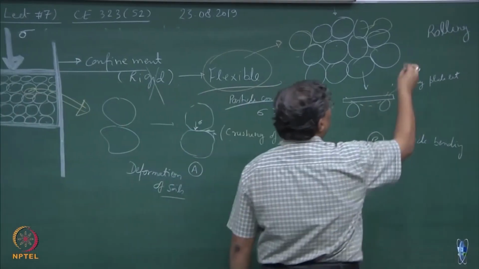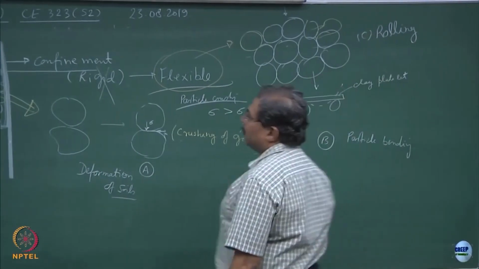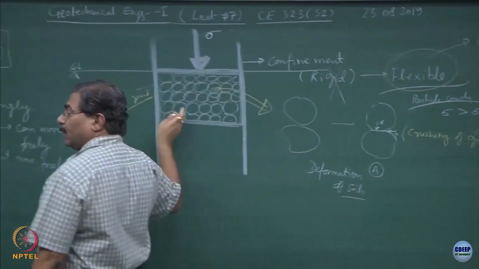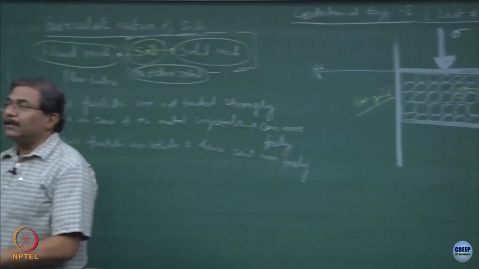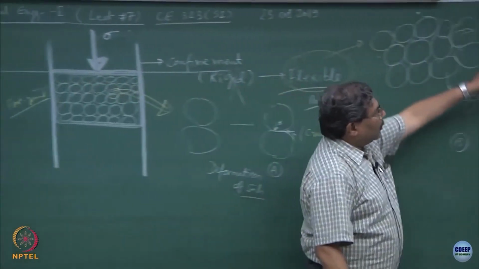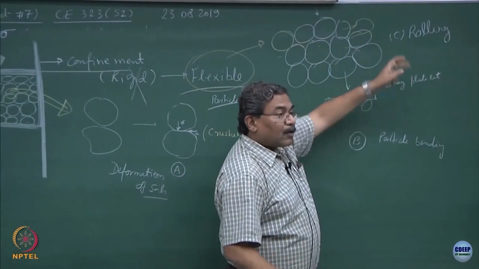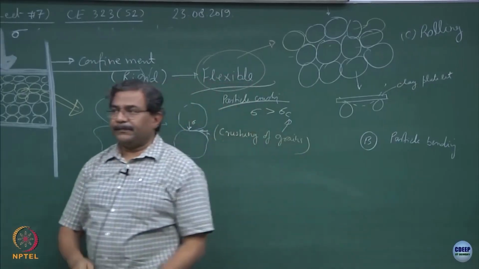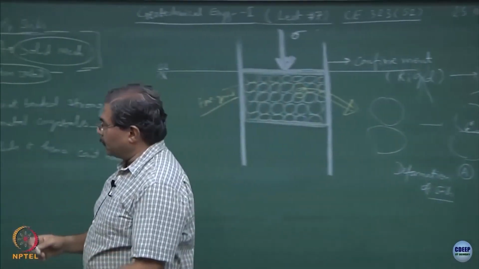So deformation of the system which we were talking about, which is a particulate in nature, depending upon the boundary conditions, would be either A, B or C or a combination of the three. It's okay.